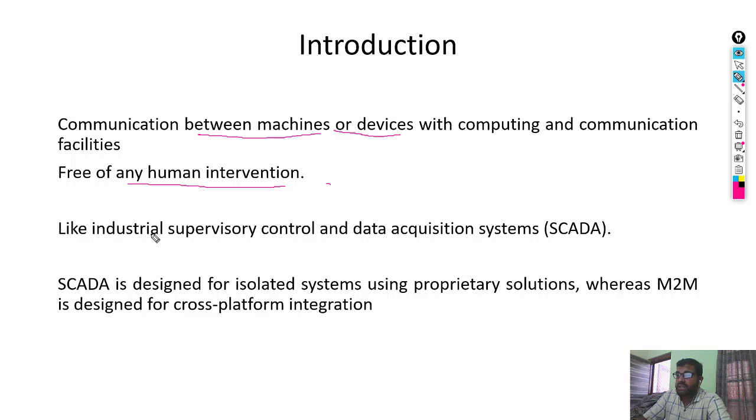Like, suppose in industry, we know very well the SCADA system. SCADA is a control system that we use in industry. It is basically a wired communication network, a wired isolated system, used for control operations: all kinds of inventory control, policy control, management, and skill development inside the industry.